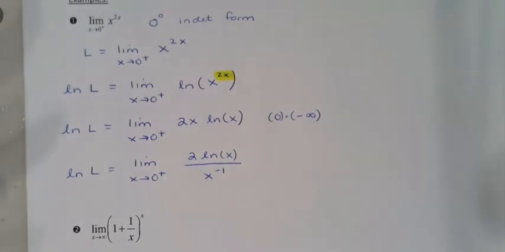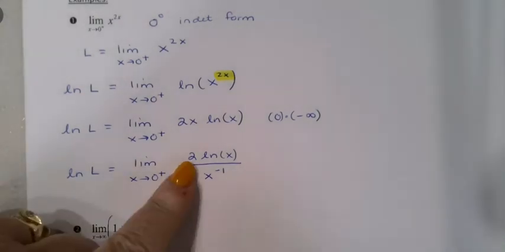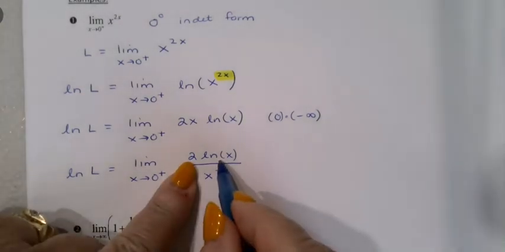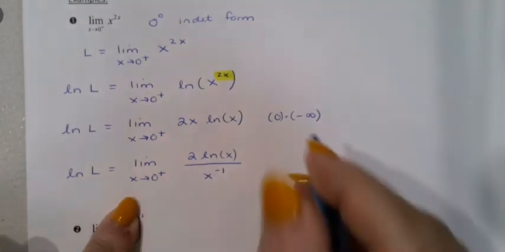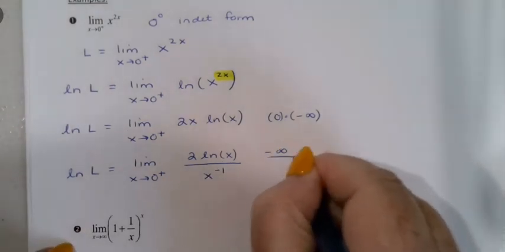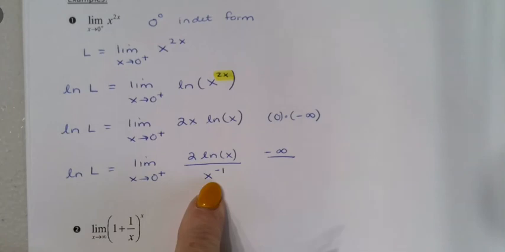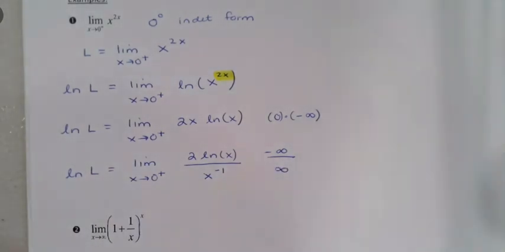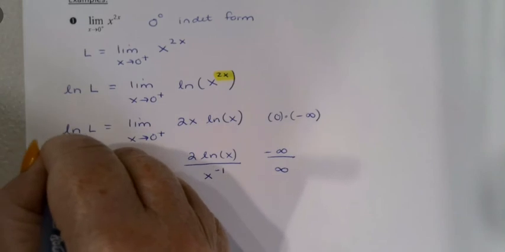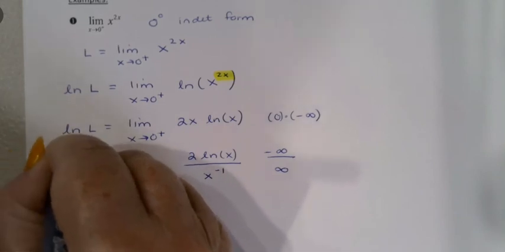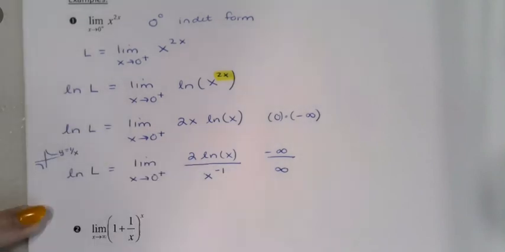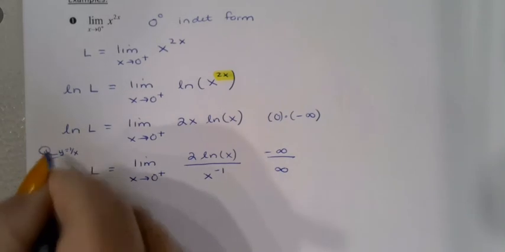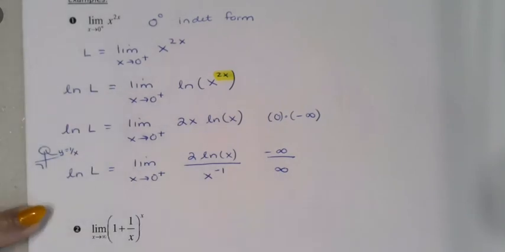Well, now what have I got? We've already said natural log of x goes to negative infinity near 0. And this is like 1 over x. 1 over 0 also goes to infinity. Either you know, or again, you can think about the graph. The 1 over x graph looks like this. And as you approach 0 from the right, it goes to infinity.